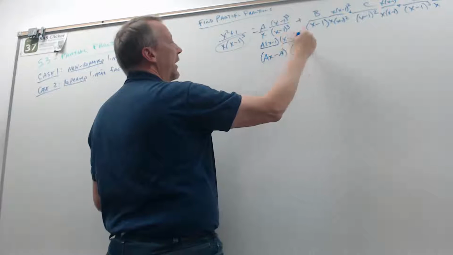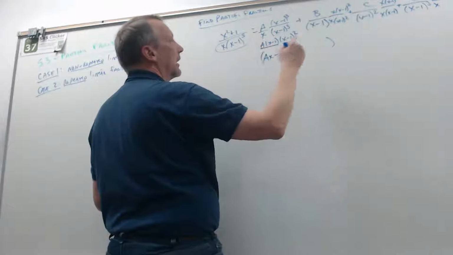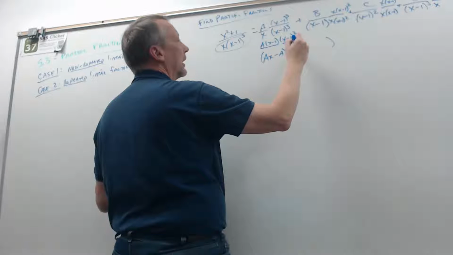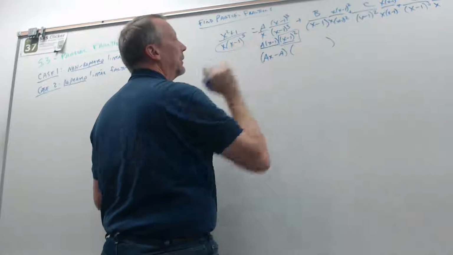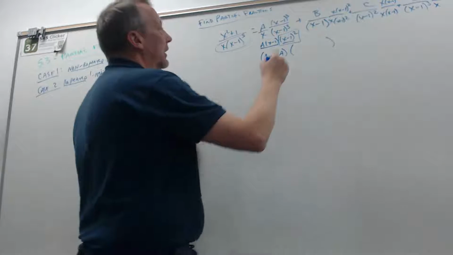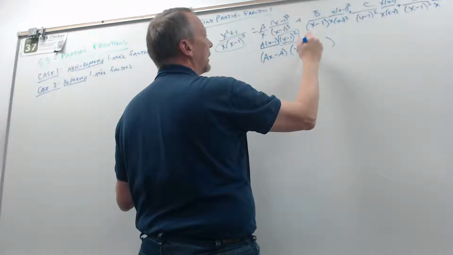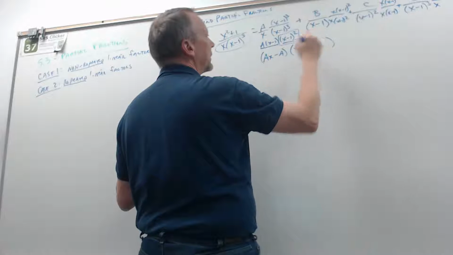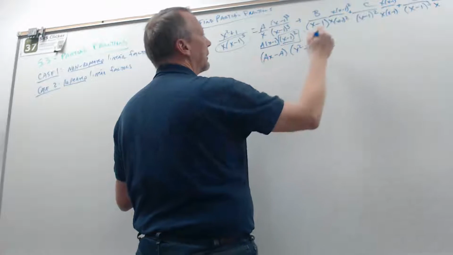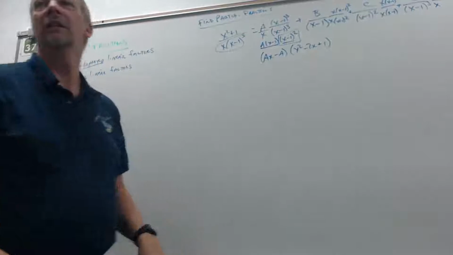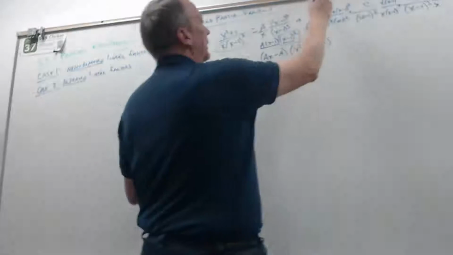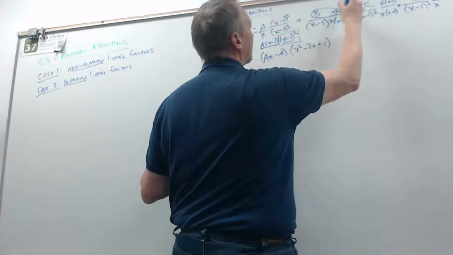And if I FOIL that out, only this piece, x minus 1 squared, I'm going to get x squared minus x, minus x, plus 1, or x squared minus 2x plus 1. Okay? And then I'm going to ask Bailey, can you multiply these two together and then multiply those two together?